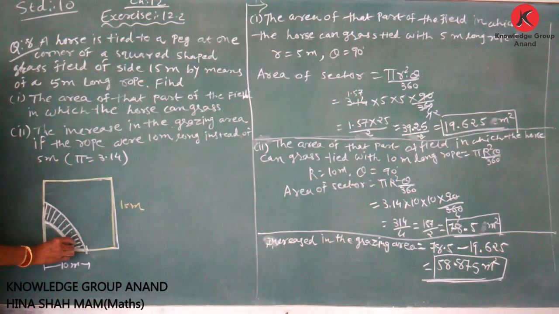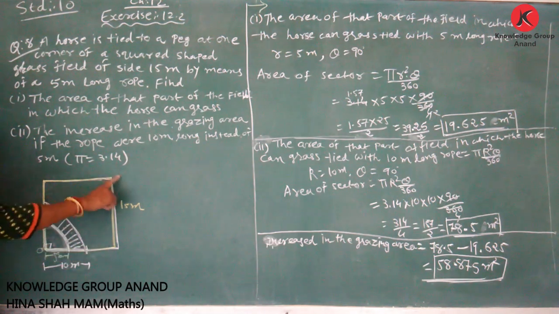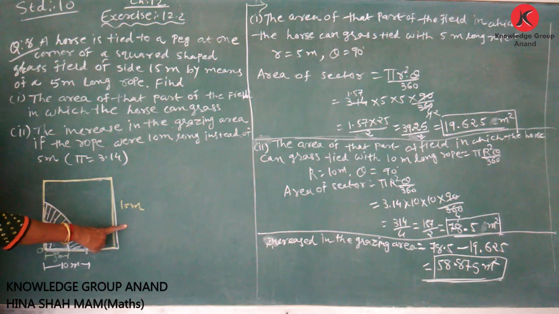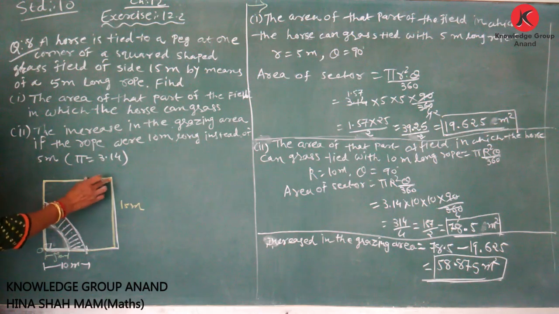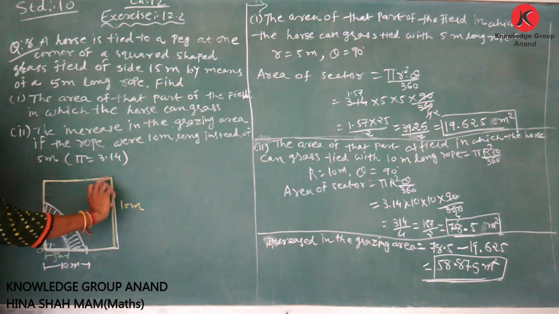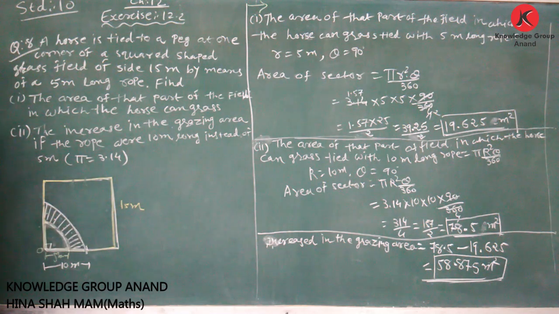Here a horse is drawn, but I do not draw it. Here is the square field of 15 meter length. The rope is 5 meter long. Its grazing area is like this. Then find its increase area.